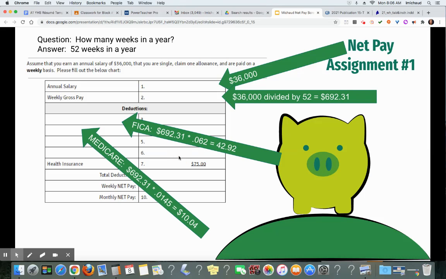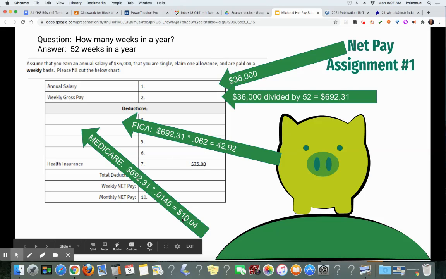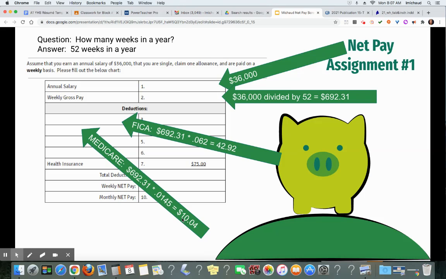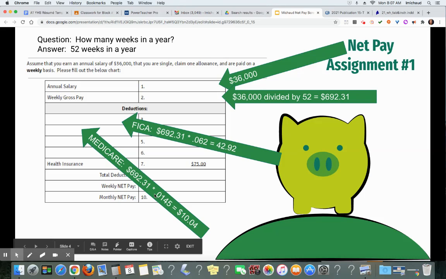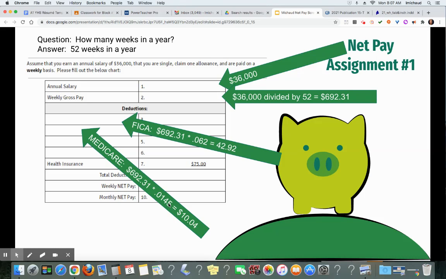We also have to pay Medicare, so that will be your weekly gross pay of $692.31 times 0.0145, and that will equal $10.04. Remember, this is 1.45%. You want to get rid of the percent sign and move the decimal 2 places over to the left when you multiply.